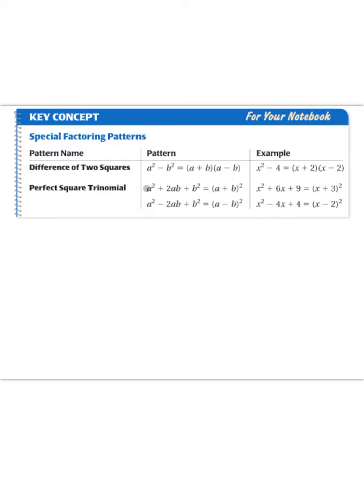Now looking at perfect square trinomials, there's two different forms we would have. The only difference between them is a positive and a negative sign. I think it's helpful to look at an example. So the one they give is x squared plus 6x plus 9, and we want to try to factor this.